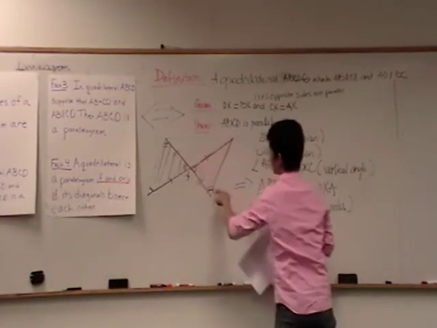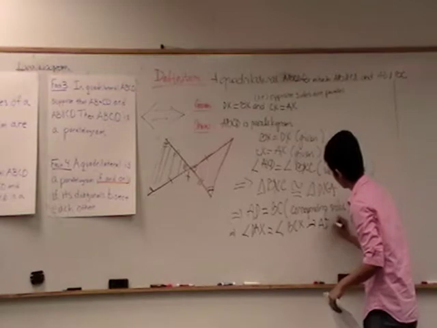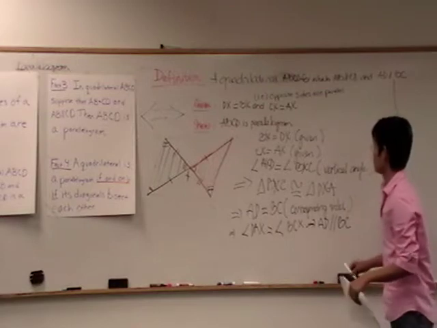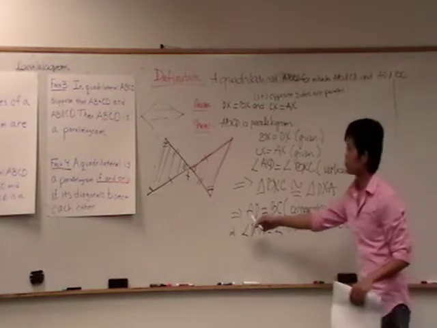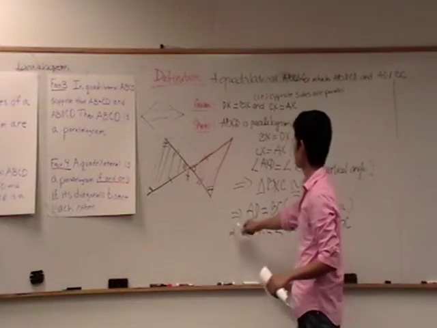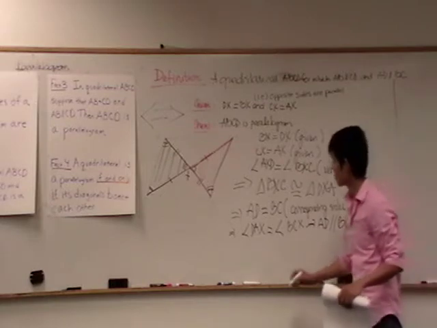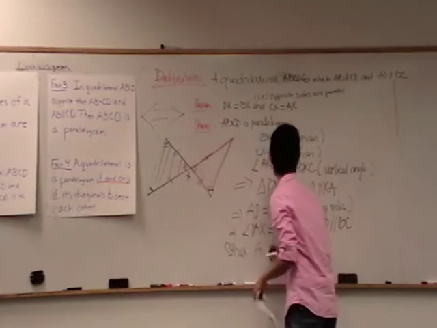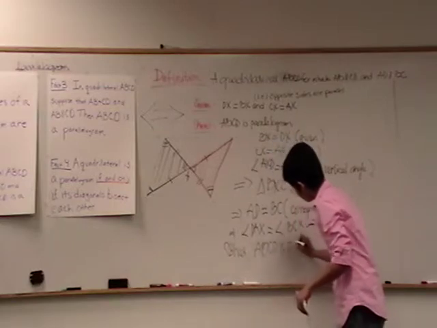So we have AD parallel to BC. So from fact number 3, we have AD equal BC and AD parallel to BC. So ABCD is a parallelogram.